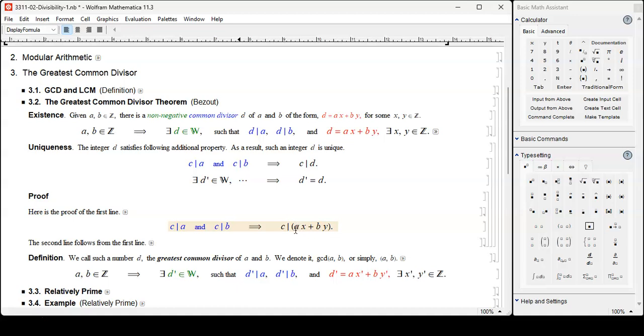A is some integer times C, so AX is some integer times C. Same goes over here, so factor C out, C divides this entire thing, and this entire thing is D, isn't it?